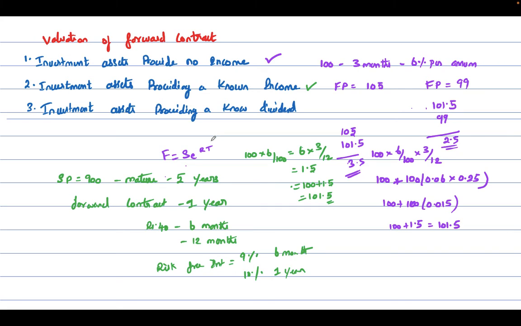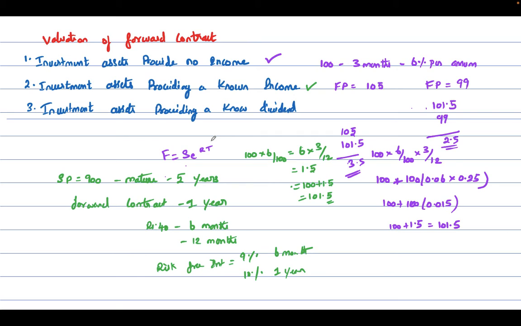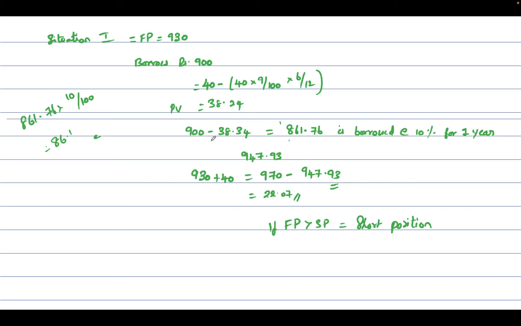When a known amount of income is given, we'll be using this formula F equal to S minus income, exponent RT.